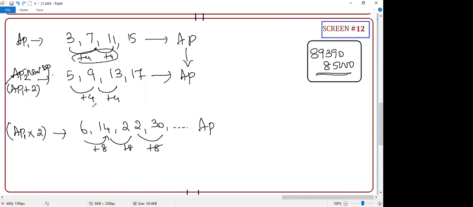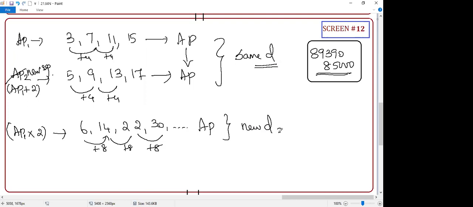This also plus 4, this also plus 4, same D. But here how do you get the new D? Old D into whatever number you are multiplying. Are you clear? Very important property.